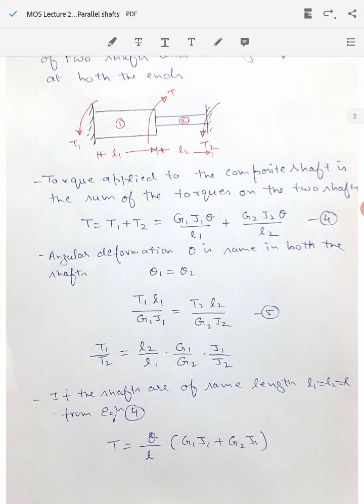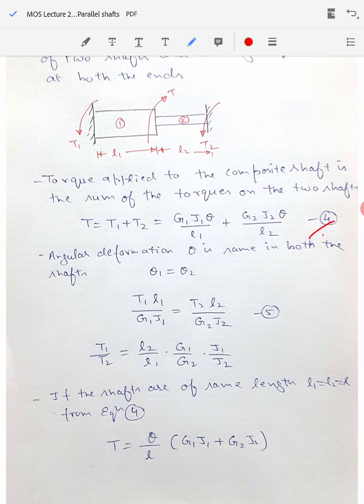If the shafts are of the same length, that means L1 is equal to L2 is equal to L, so equation 4 can be modified. You can bring L out as common, and theta is already common. So theta by L comes out, considering equation 4. You can bring theta and L outside, where L is equal to L1 and equal to L2.